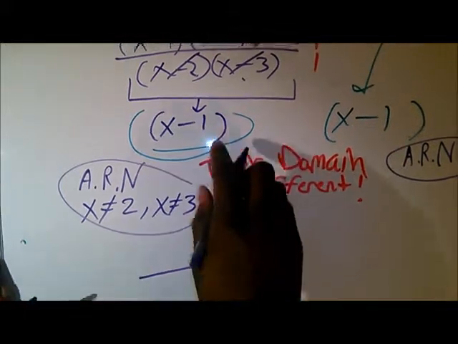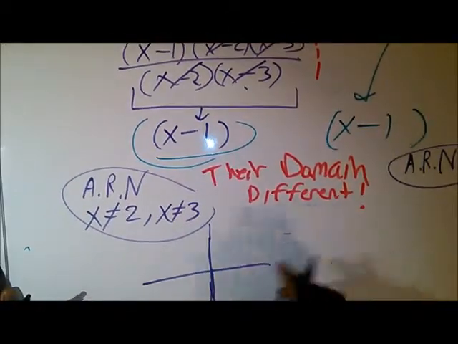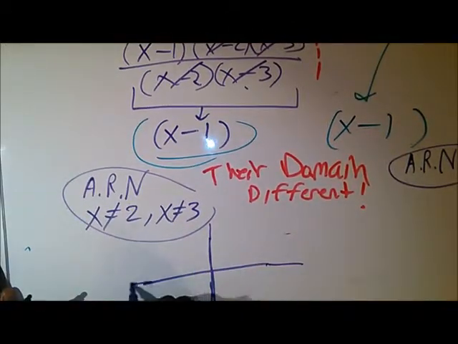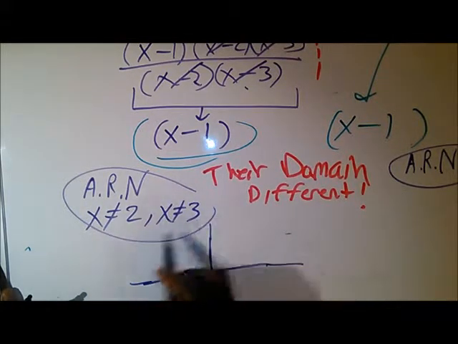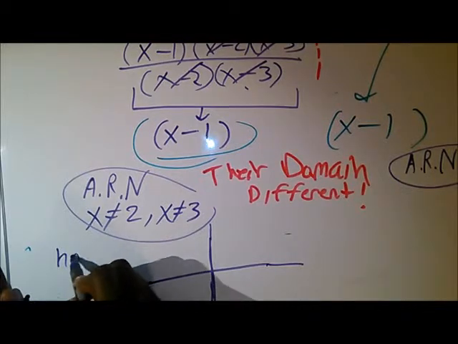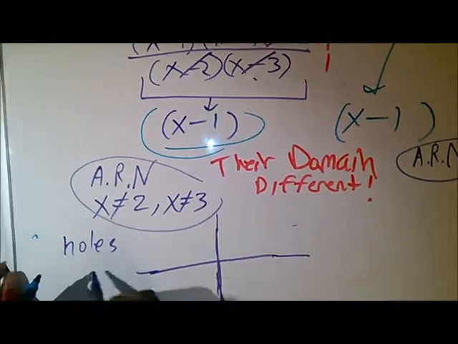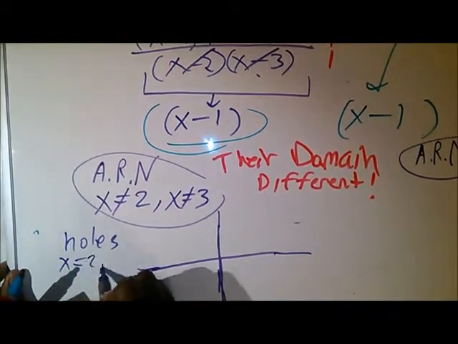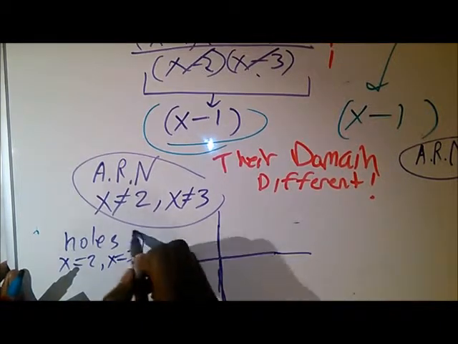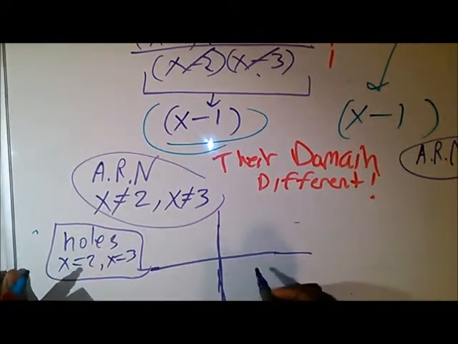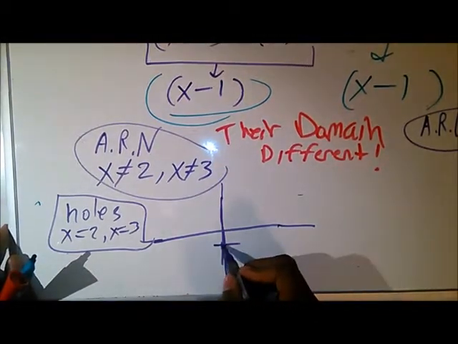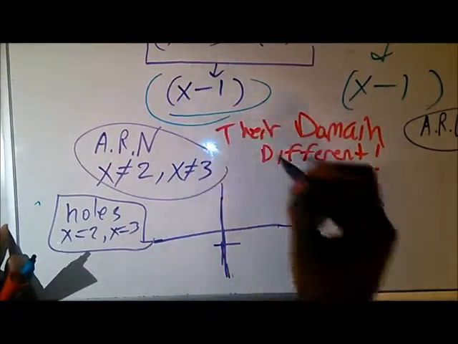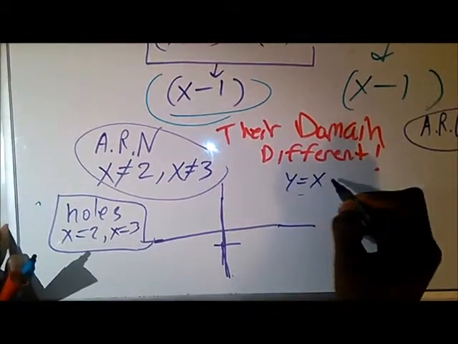So if we graph this function, remember x equals 2 and x equals 3 are going to be our holes. We start at -1, because ultimately this is y equals x minus 1.